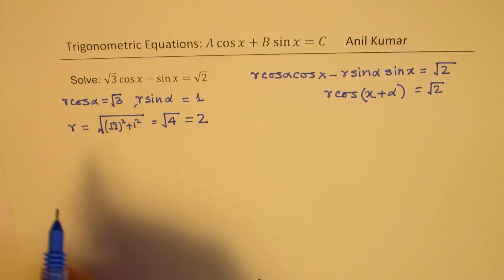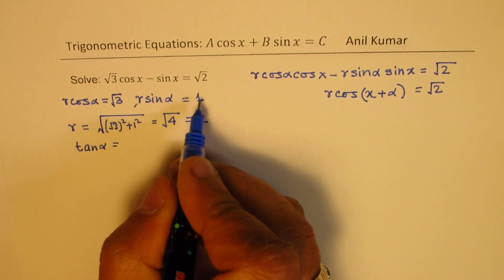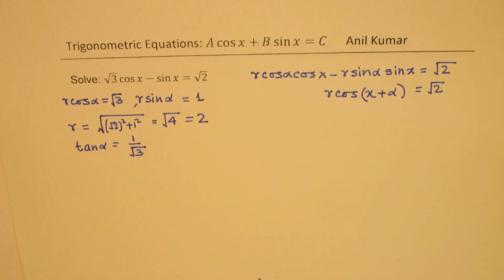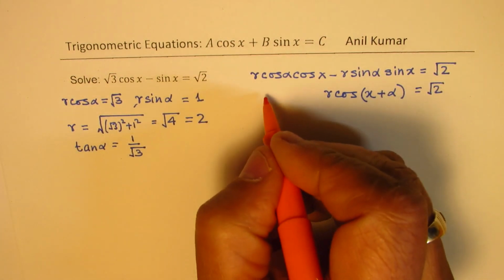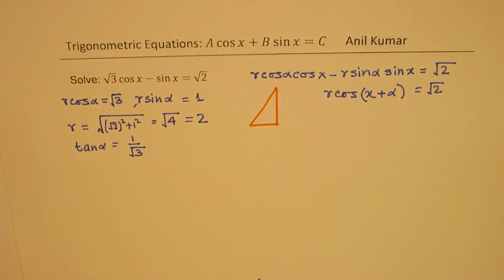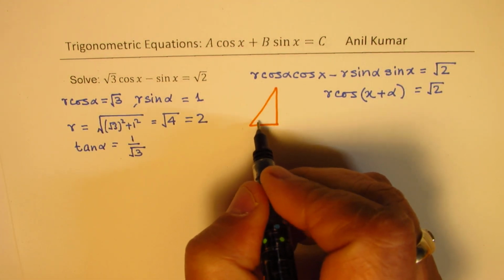The ratio of these two will give you tan alpha. So tan alpha is 1 over square root 3. Getting back to our special triangles, we know that this is pi by 3.